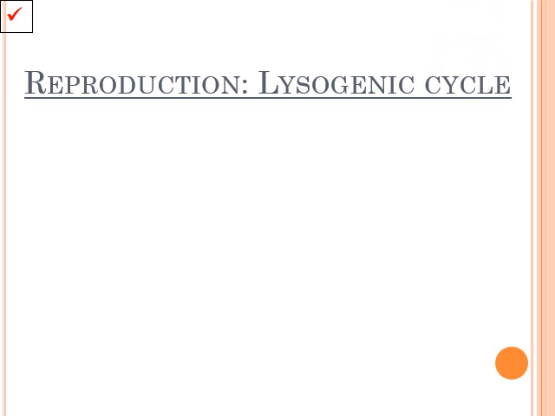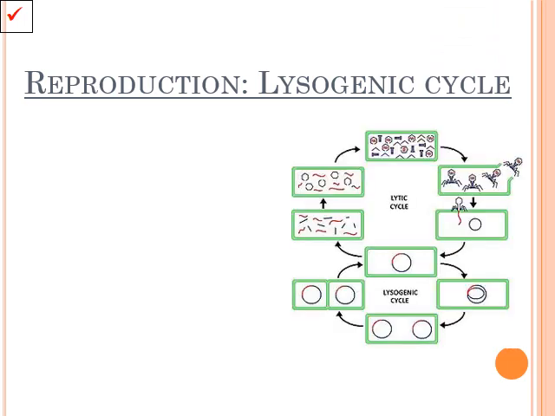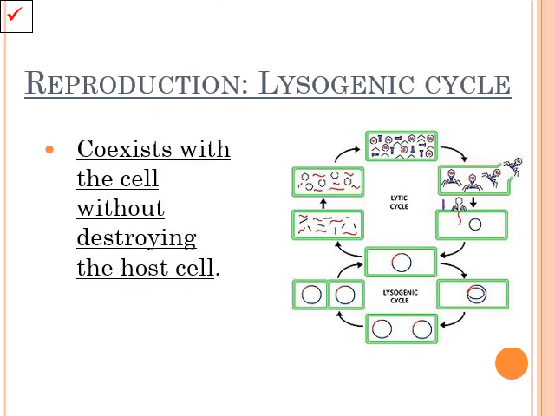The next type is called the lysogenic cycle. As you can see here, it starts off the same with our step number one. The virus attaches to the cell and injects its DNA. But from here, things take a different turn. The viral DNA, instead of overwriting the DNA of the cell, will actually merge with the DNA of the host.